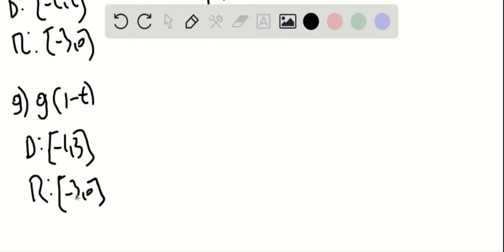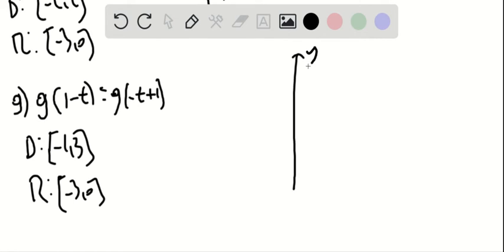So what happens to our function? Well, 1 minus t can be thought of as the same thing as g of negative t plus 1. That's a reflection about the y-axis, and then we're shifted 1 unit to the left, the opposite sign. So here is our y-axis, here is our t-axis.